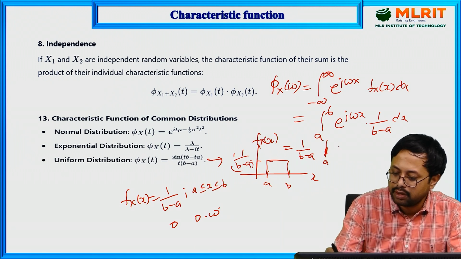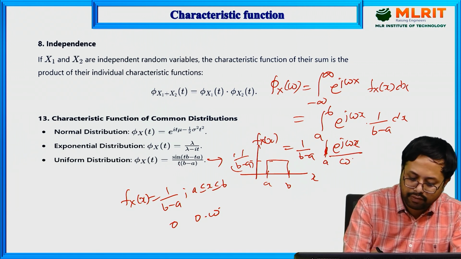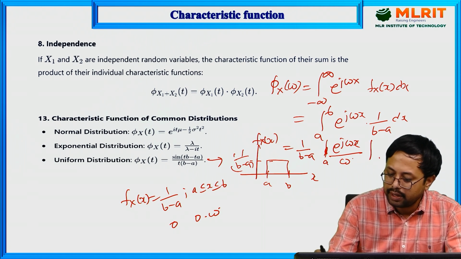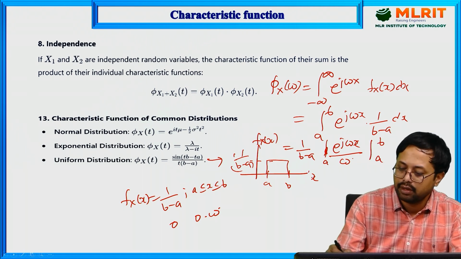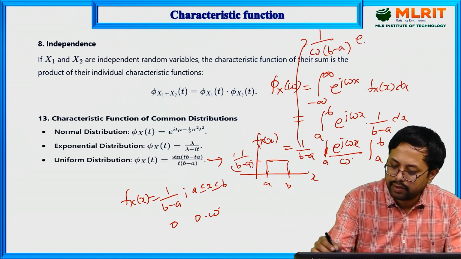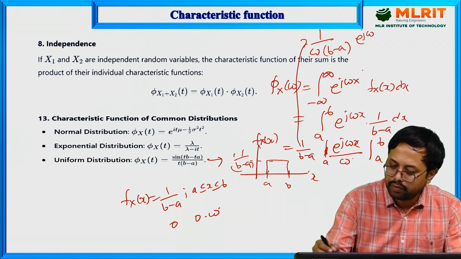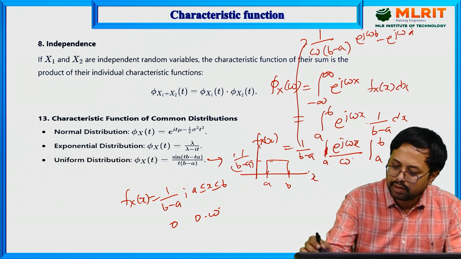You substitute e power j omega x; here, in place of omega you can have t. Then solving from a to b, you get 1 by j omega times (b minus a), e power j omega b minus e power j omega a.